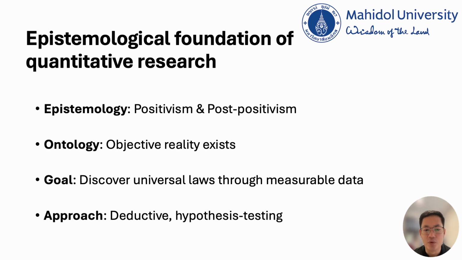This is done through a deductive approach, starting from theory, forming hypotheses, and then collecting data to test them. In summary, quantitative research is built on the belief that reality is measurable and that we can use data to explain and predict social phenomena.